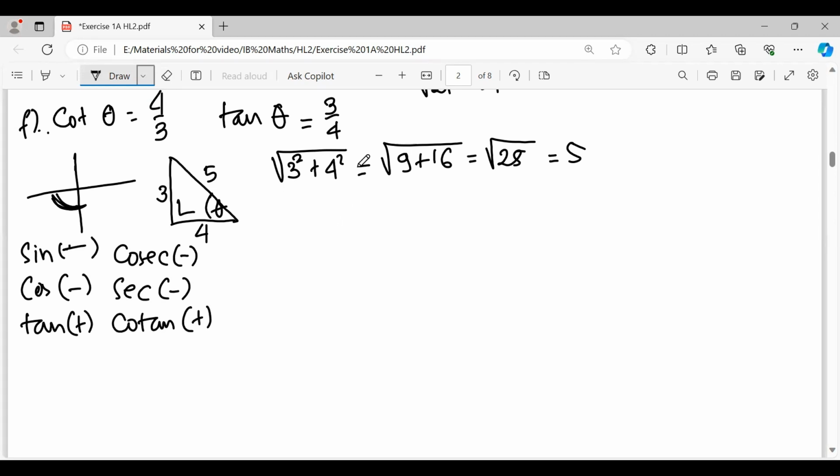Now we're going to find the values. Cotangent already, tangent already. Now we start from sine.